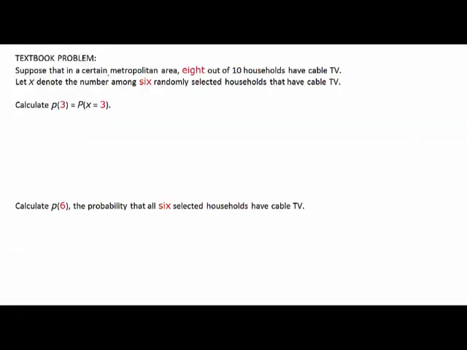So on a quick read here, we've got some area where 8 out of 10 households are subscribing to cable TV. So what that tells me is the probability that someone has cable is going to be 0.8, and we got a pretty large area. And let's see, we're going to let X denote the number of households.